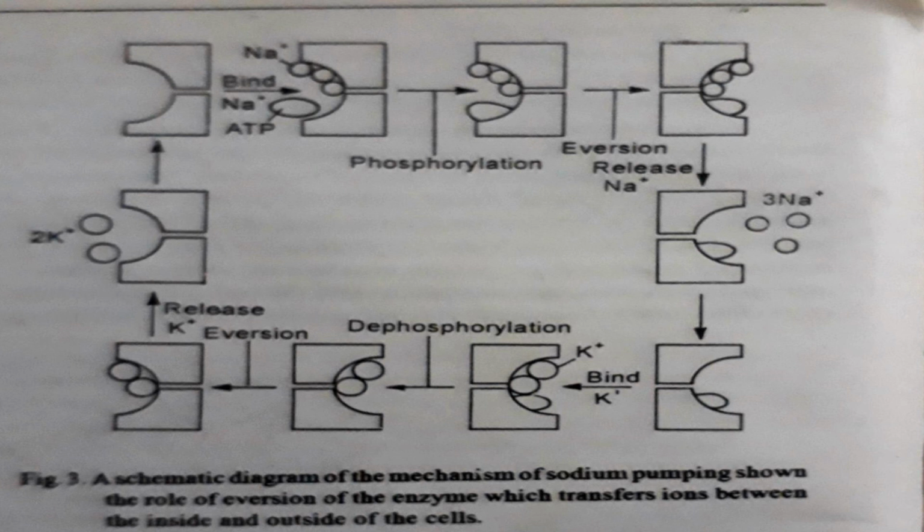Now this is a revolving door for transport of sodium and potassium in opposite directions, and it is called eversion, like motions through a revolving door. 3 sodium ions are replaced by 2 potassium ions. The attachment of potassium ion triggers the dephosphorylation process, and the process goes on like this.